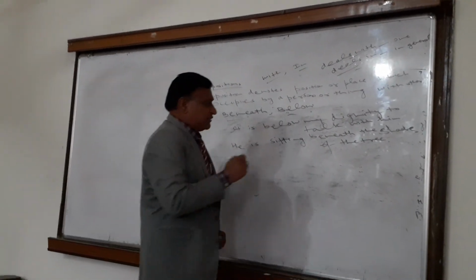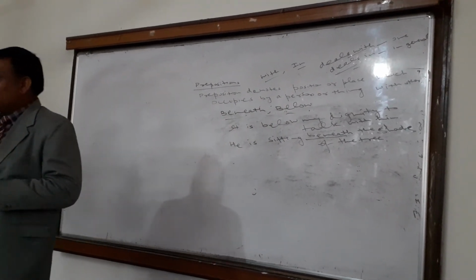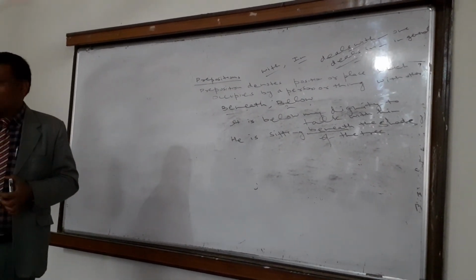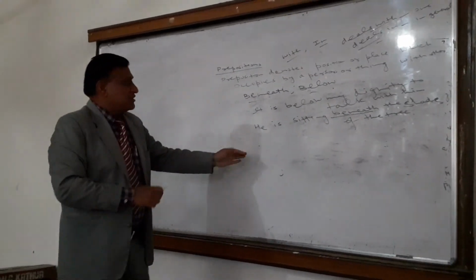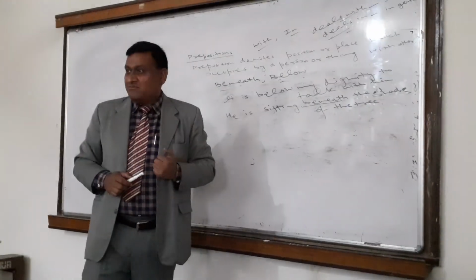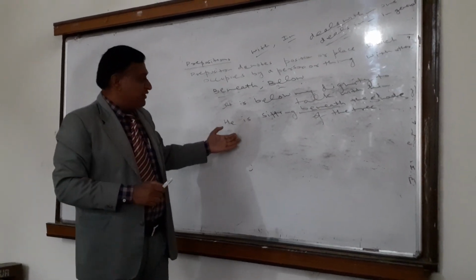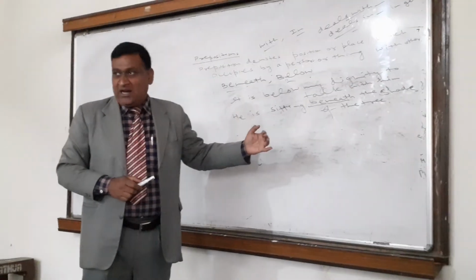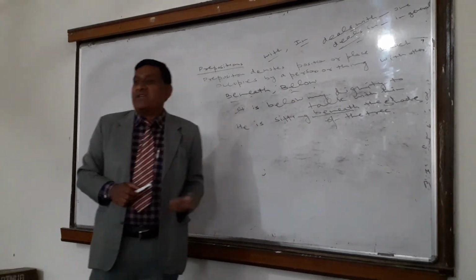So sometimes people use under instead of beneath. That is wrong. Many times, he is sitting under the shade of the tree. This is grammatically incorrect. What we will be writing is, he is sitting beneath the shade of the tree.